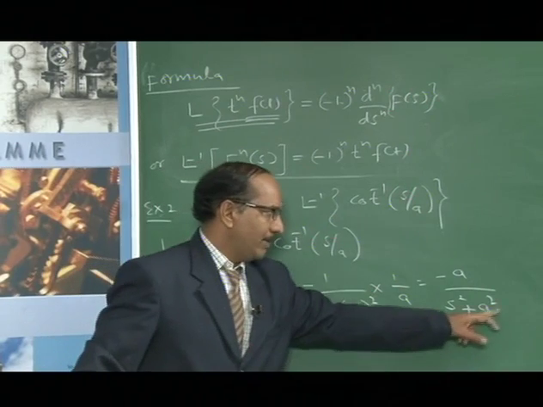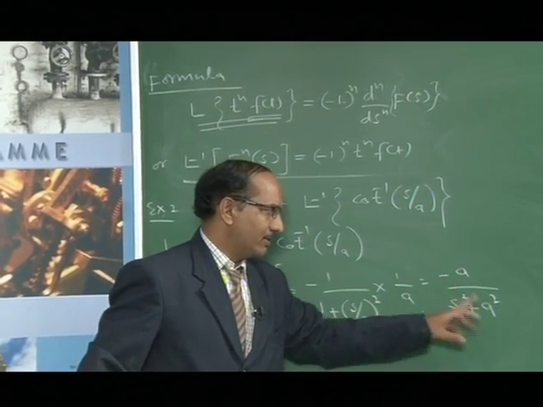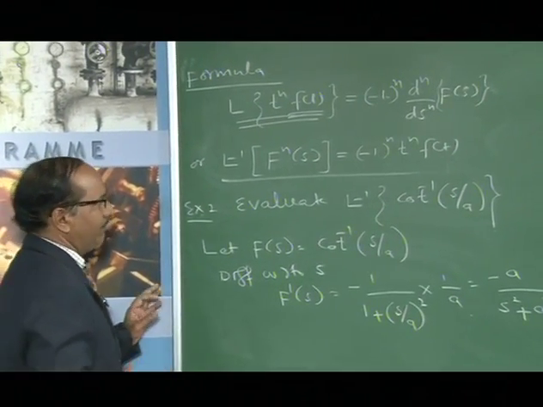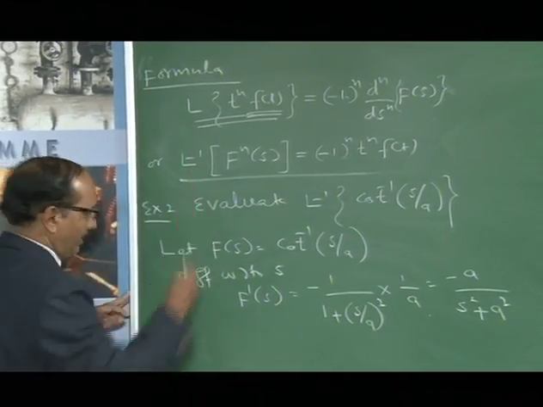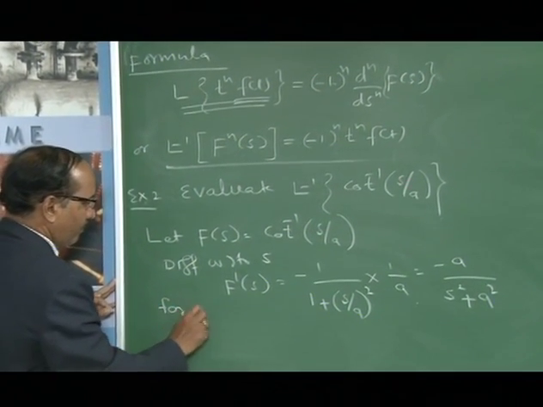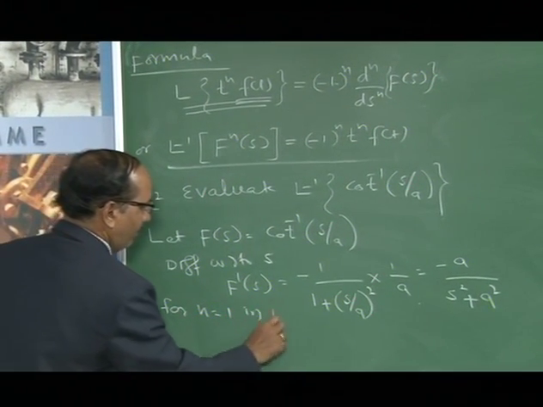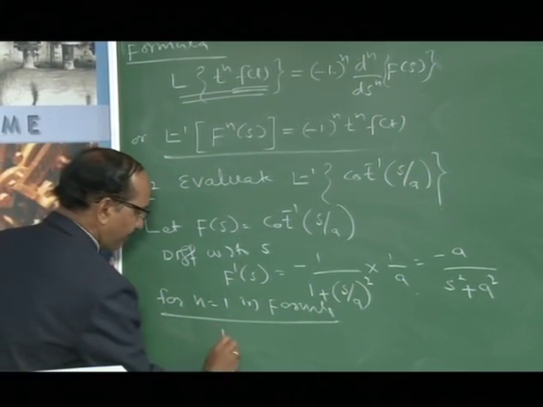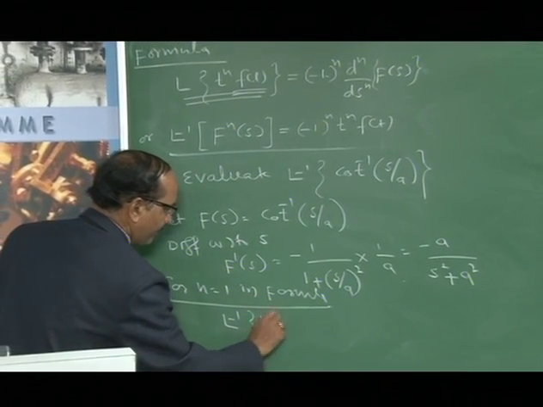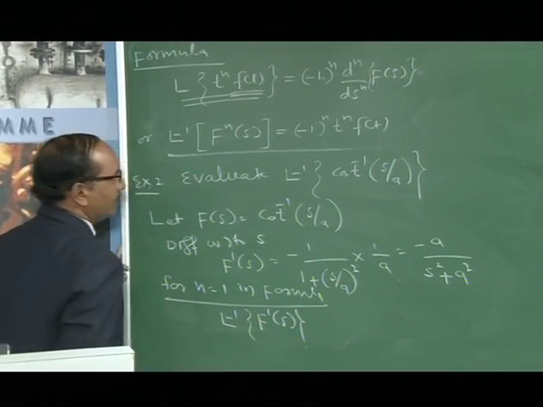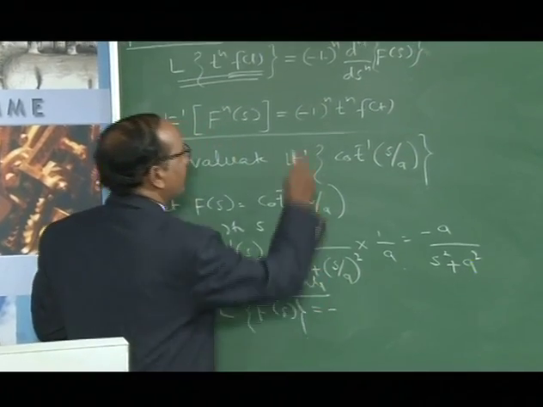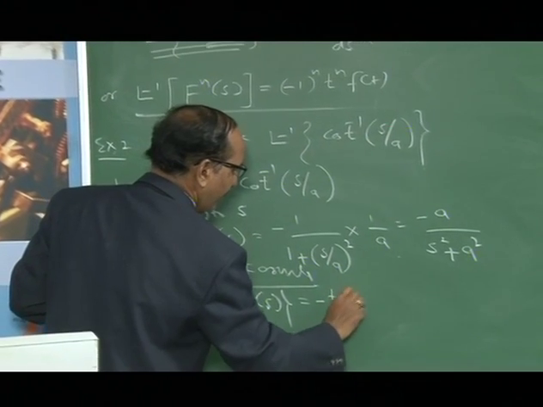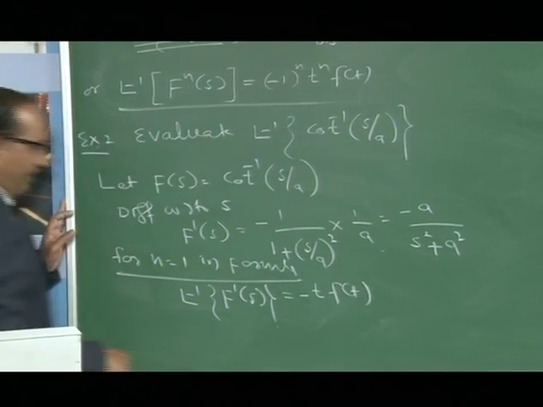So, this is matching with the standard form a divided by s square plus a square, its inverse is sin a t. So, you stop the differentiation and apply the formula by putting n equal to 1. For n equal to 1 in the formula, that is L inverse of f dash s is equal to minus 1 raised to 1, that is minus 1 into t f of t.